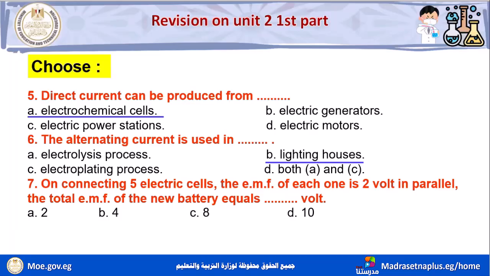In parallel, the total electromotive force equals the electromotive force of one of them. So the total electromotive force of the new battery equals 2 volt.